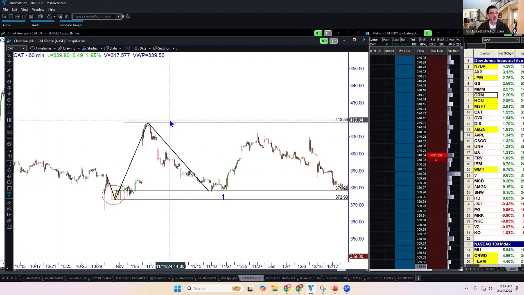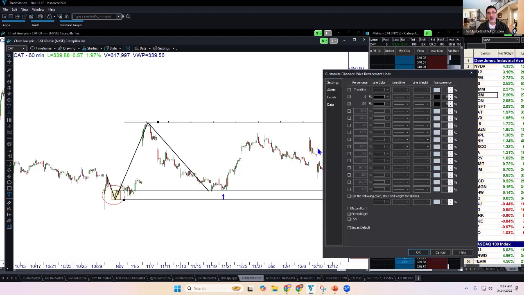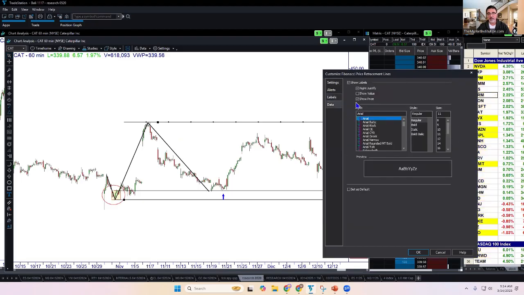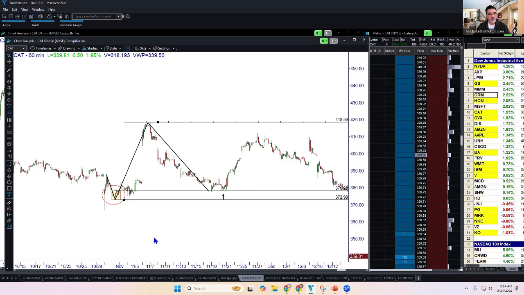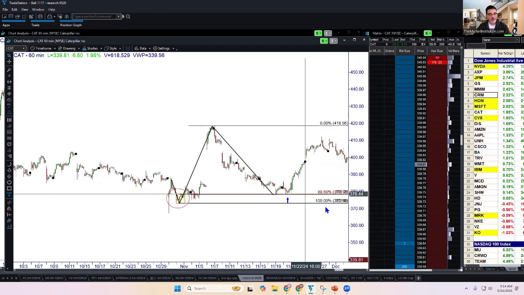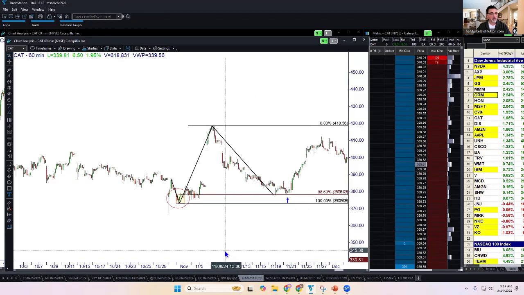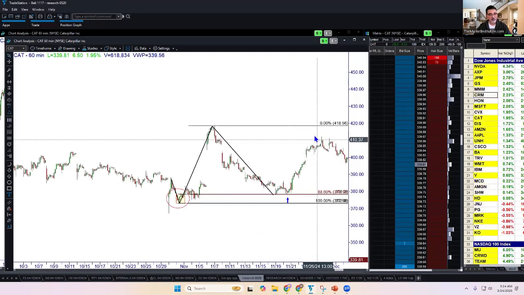Now I want to see what the measurement was. Once we start identifying what that Fibonacci measurement is, we can see that it came right back down to the 88.6% retracement. Now, that's often associated with more of a reversal pattern.